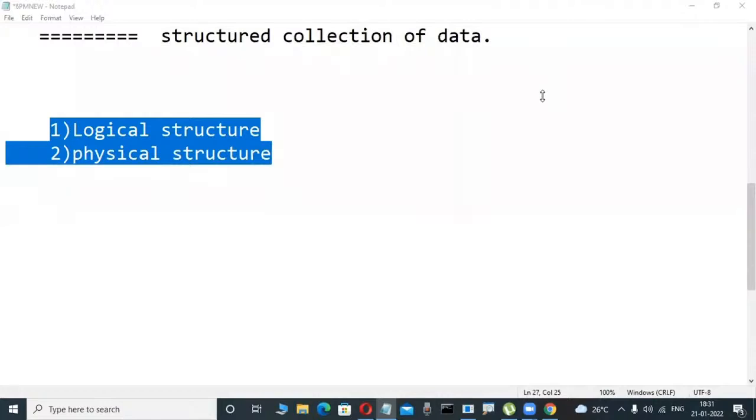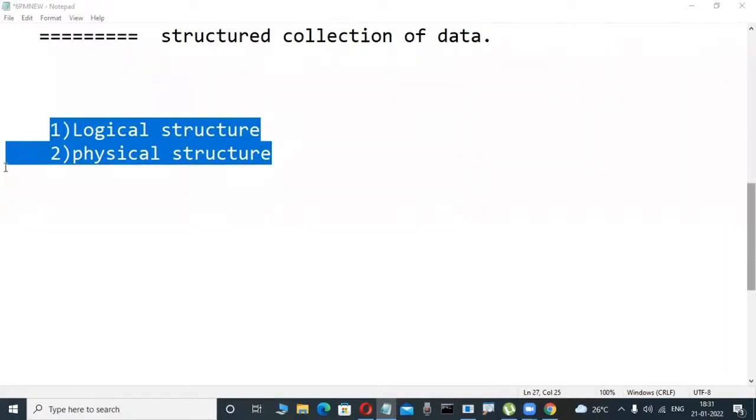Some fellows are telling logical structure means logical structure, physical structure means physical structure only. Don't tell like that. What is logical, what is physical? Very easy.